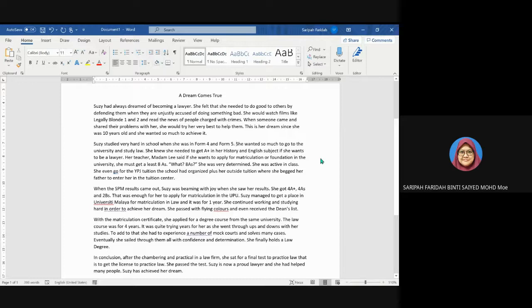"This is because." That is a cohesive device. Delete it. She wanted so much. First, put it here. This is a cohesive device. Firstly, comma. Put a few, it's okay.